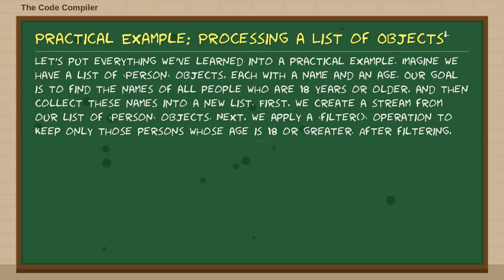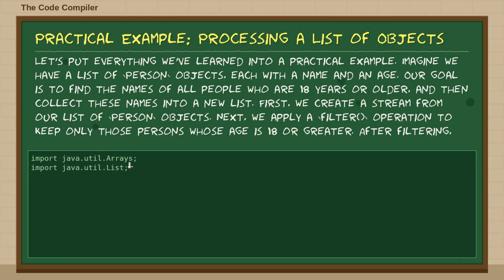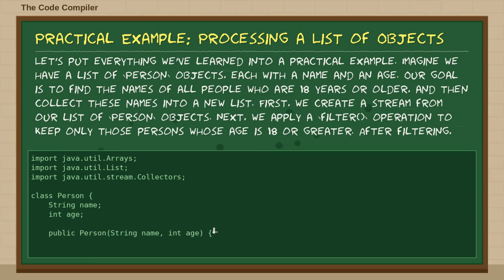Finally, we use the collect terminal operation with Collectors.toList to gather all these names into a new list of strings. See how elegantly we can achieve this complex task with just a few lines of stream code. This is the power of the Streams application programming interface.